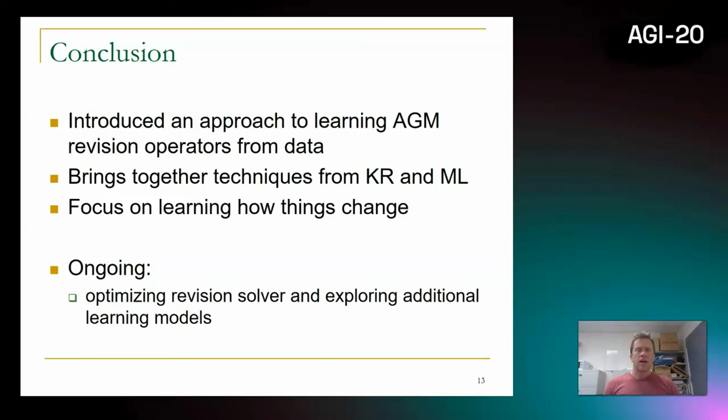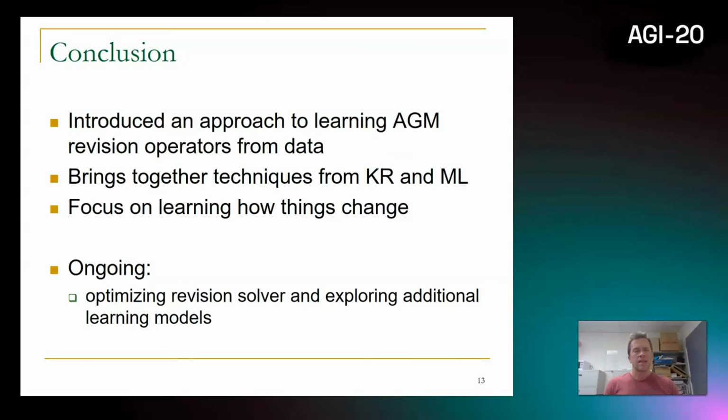I said this is actually ongoing work. So this paper is really just a preliminary view of what we're doing. We're optimizing the revision solver. We're making it faster. We're making it work for a wider range of operators. We're exploring different learning models. So ID3 is just one category of learning models. We're looking at linear regression now, and we're looking at some deep learning models to see if we can get better results.